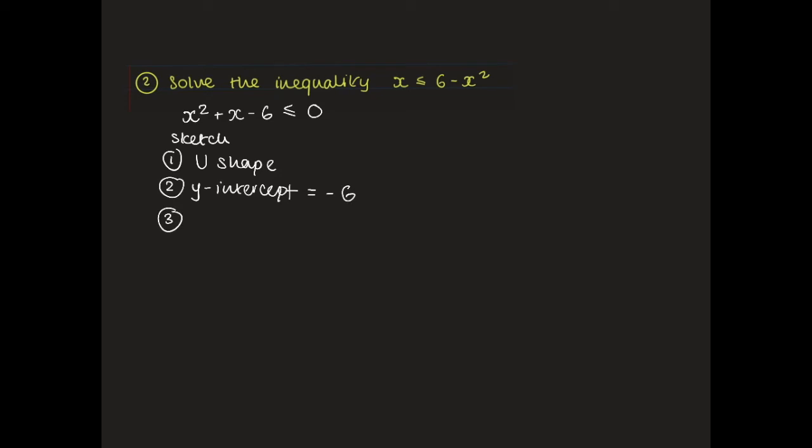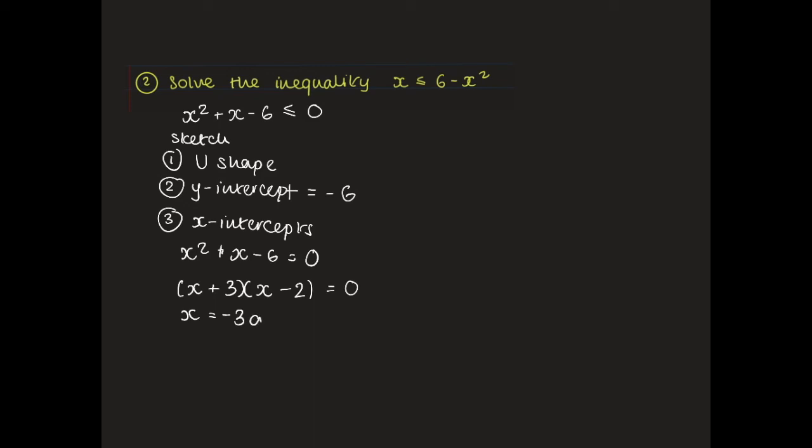And now I need to find my x-intercepts. To do that I need to put my inequality equal to 0. And then I can factorise. If you can't factorise, remember you can always use the quadratic formula. So I know that my x-intercepts are -3 or 2.